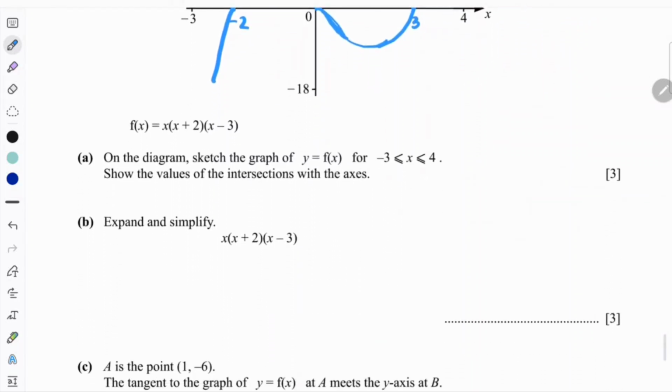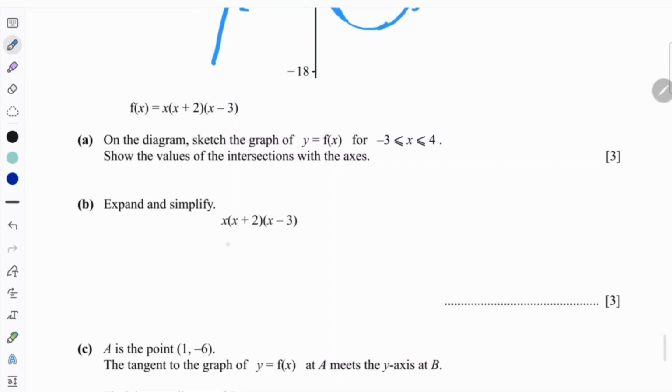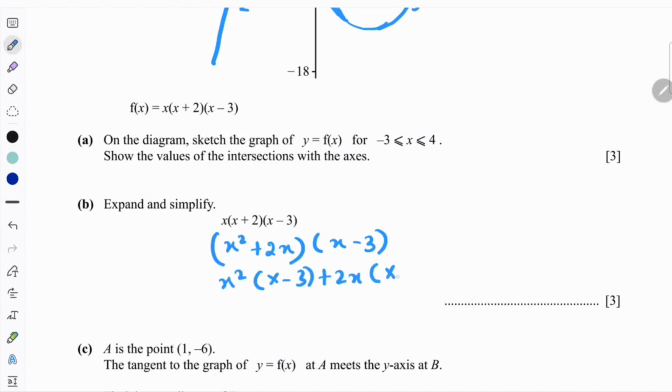On the diagram sketch we have done, now expand and simplify. x square plus 2x times x minus 3, x square times x minus 3 plus 2x times x minus 3, then x cube minus 3x square plus 2x square minus 6x. Arrange it in order.